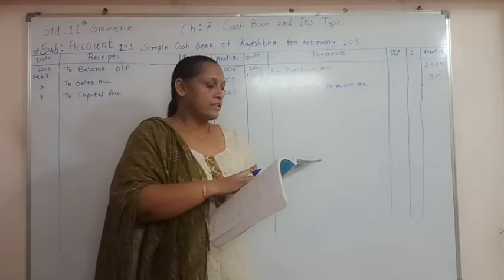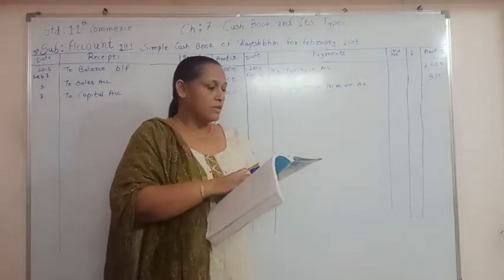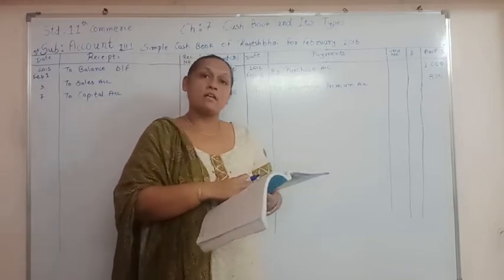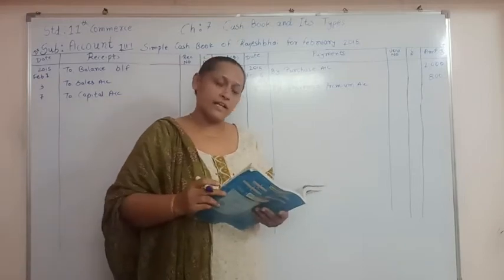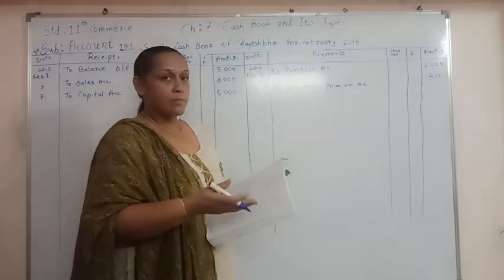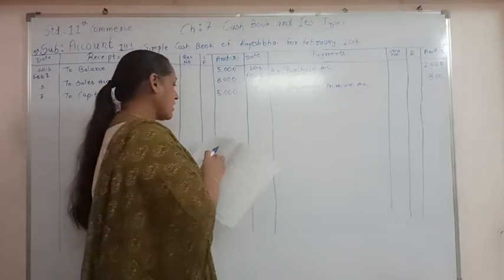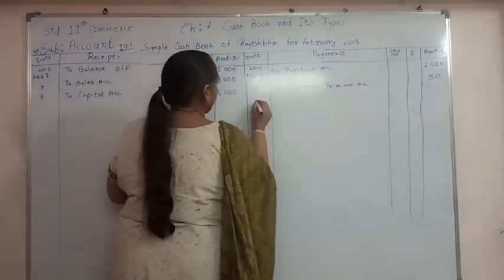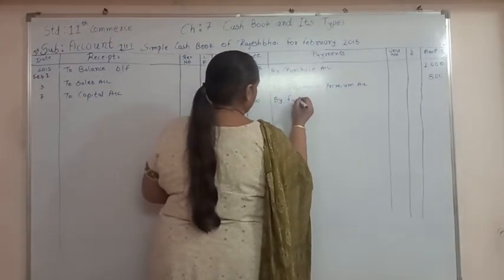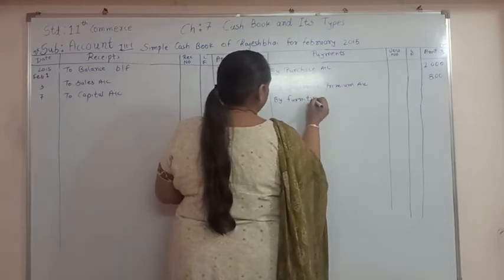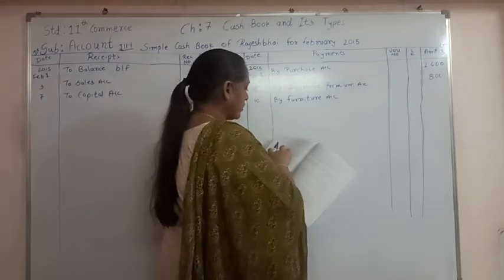Next, on 10, furniture of rupees 4,000 purchased from Ganesh Furniture Mart for cash. We have purchased the furniture for cash, so that will be recorded in the cash book. Furniture we have purchased for the business, so we write by furniture account, and the amount will be 4,000.